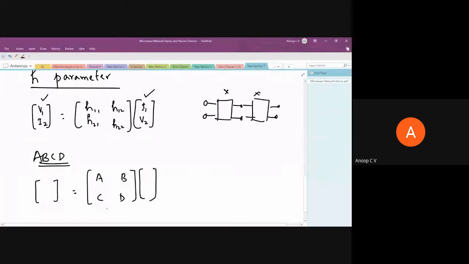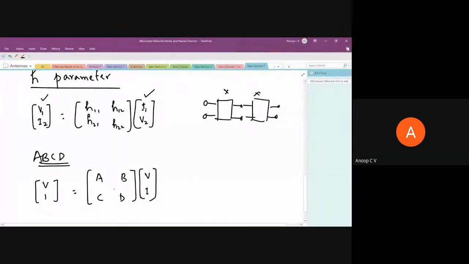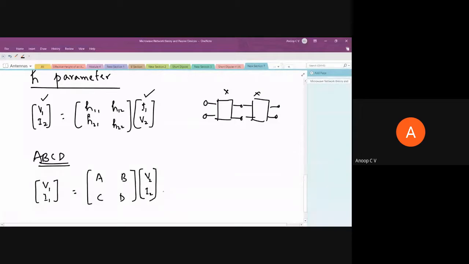So can anyone tell me what is this ABCD parameter? It is V1 and I1 represented in terms of V2 and I2. That is the ABCD parameter.